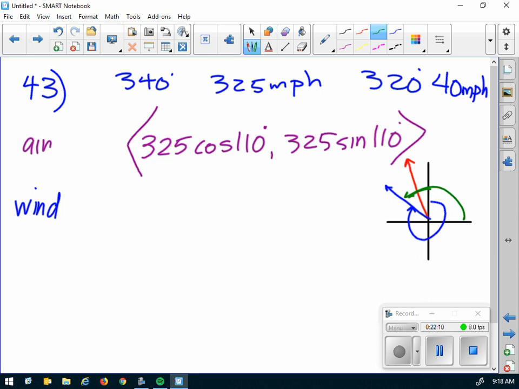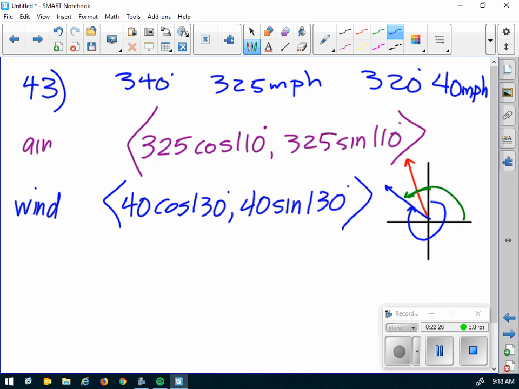So I've got a magnitude of 40. So I've got 40 cosine 130, 40 sine 130. Yes, speed is magnitude.